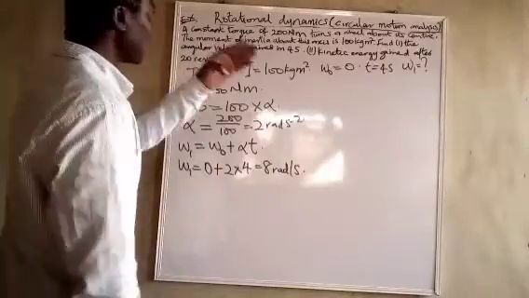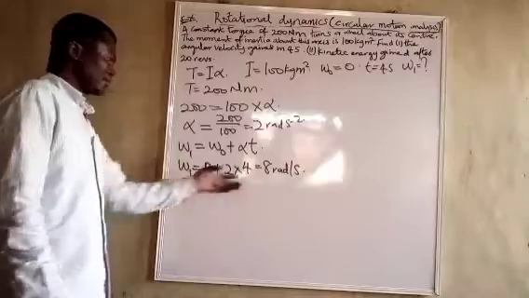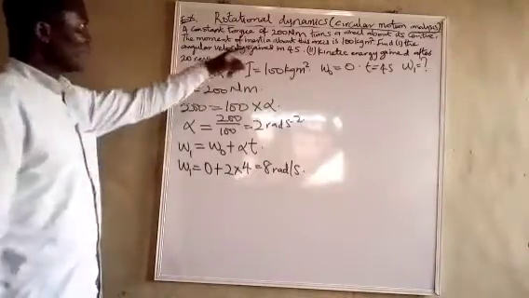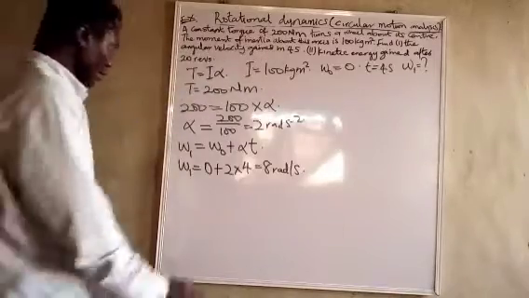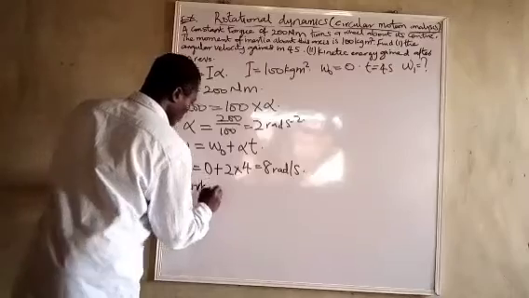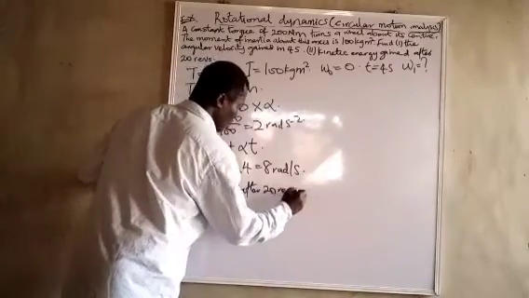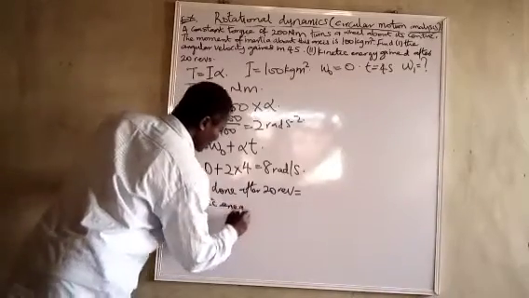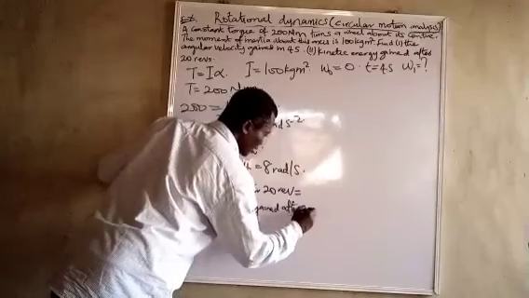We have the kinetic energy gained after 20 revolutions. We can try to calculate the final velocity after 20 revolutions, or we equate the work done by the torque to the final kinetic energy. Let's look at the two ways. Work done after 20 revolutions is equal to kinetic energy gained after 20 revolutions.